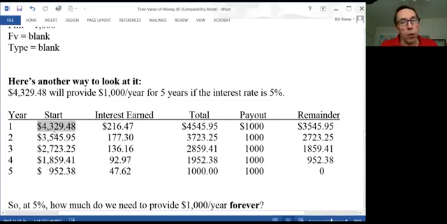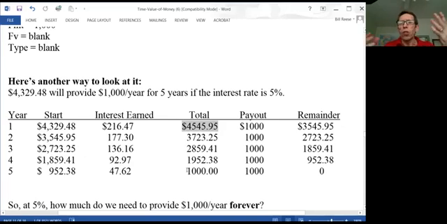Well, 5% of $4,329.48 is $216.47. In other words, take this right here, multiply it by 0.05, and that's what you're going to get. So that is your interest that you earn at the end of the year, because we have annual compounding. So when we add that to the 4,329.48, in other words, add this and this together, here's how much money you have in your account at the end of the year with the interest added on.